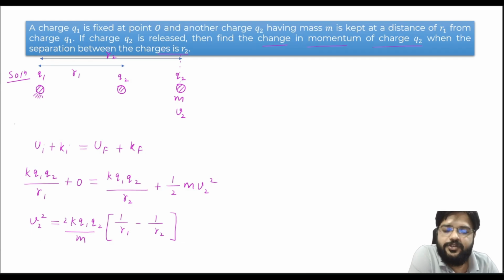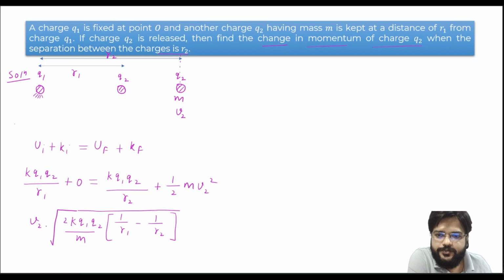So this is the value of V2 square. So what is the V2 here? V2 can be written by taking under root on both sides. So it is under root 2K Q1 Q2 by m (1 by R1 minus 1 by R2). This is the value of V2.